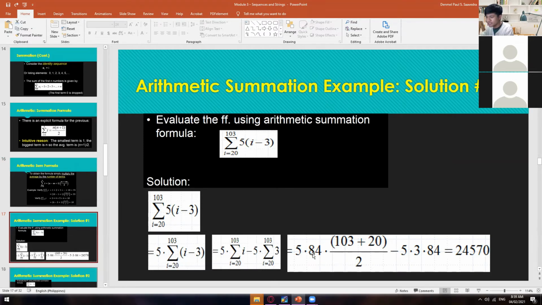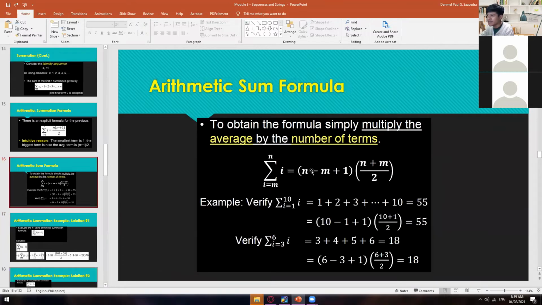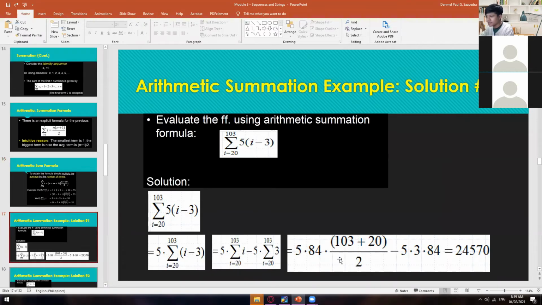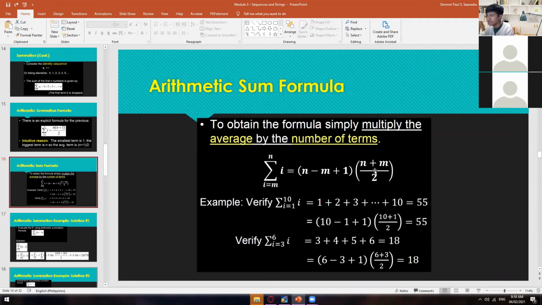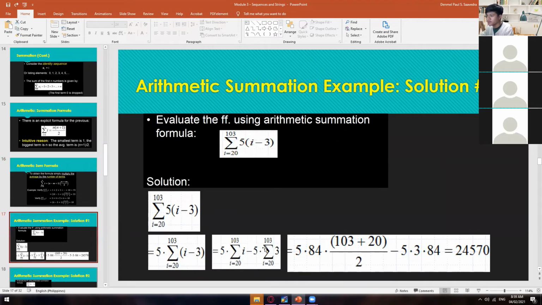So where did this 84 come from? This is the n minus m plus 1. Where did this 103 plus 3 divided by 2 come from? This is the n plus m divided by 2. And then just keep on following this one. So minus 5 times the summation, wherein it's 84. So in here, they just interchange.